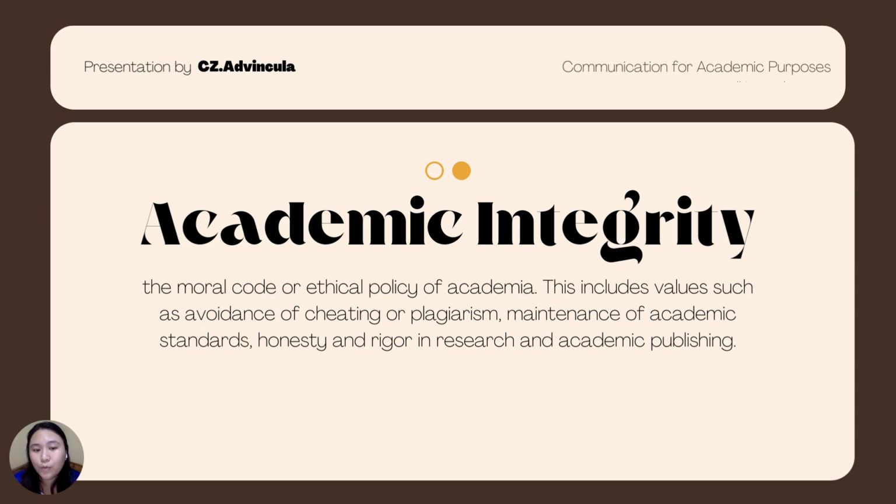So when we talk about academic integrity, we are actually talking about the moral code or the ethical policy of the academia, or where you are situated right now in the university. So this includes the values such as the avoidance of cheating, plagiarism, maintenance of academic standards, honesty, and rigor in research and academic publishing.